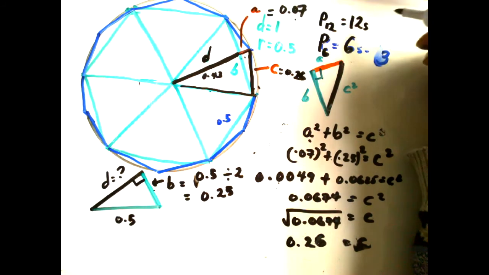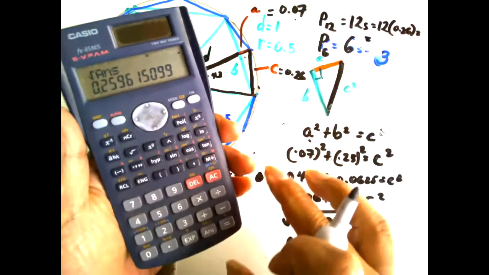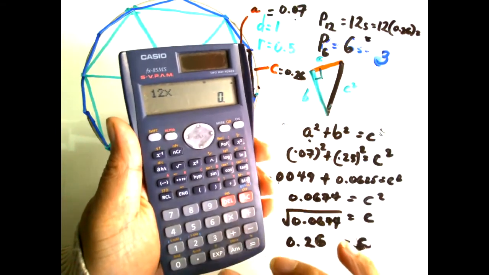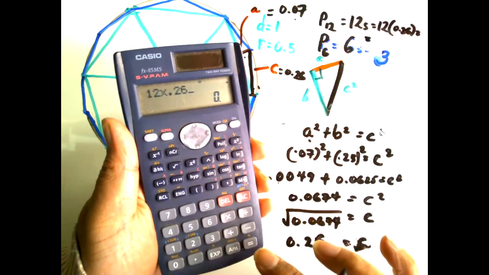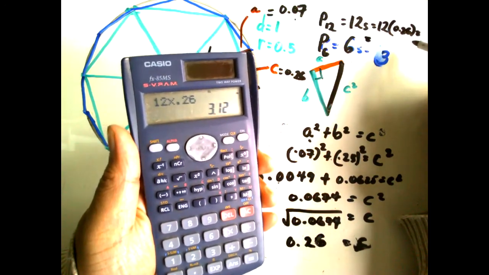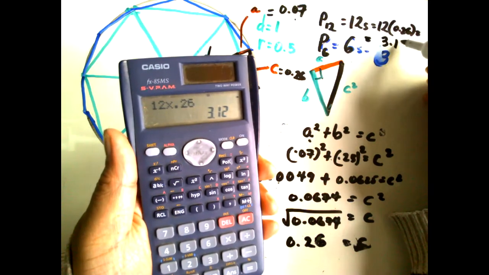And 12 times its side is 12 times 0.26. And your answer to that is 3.12.